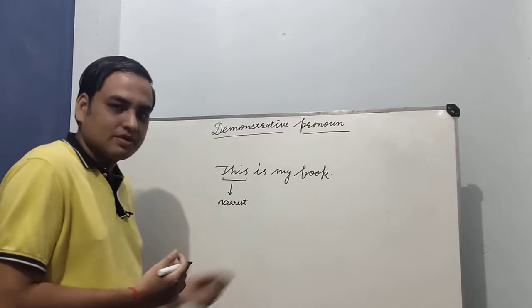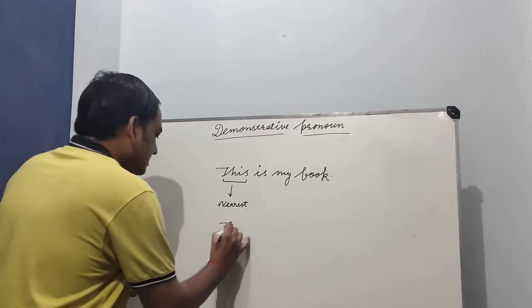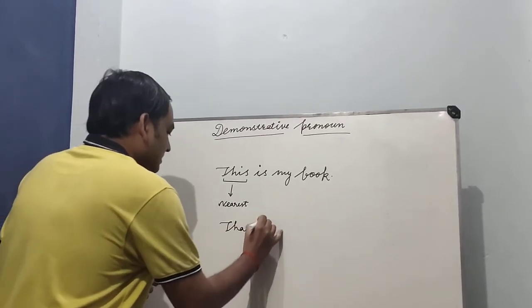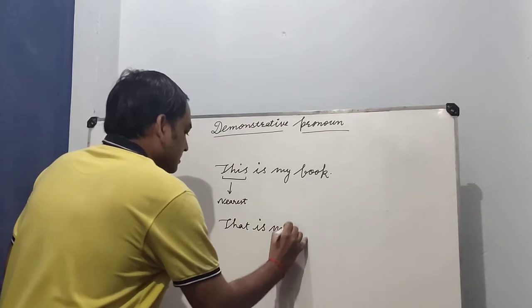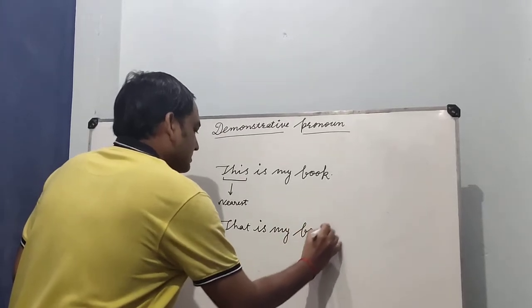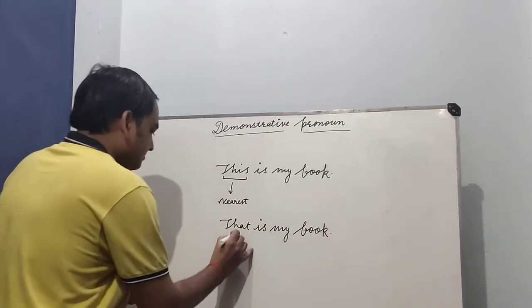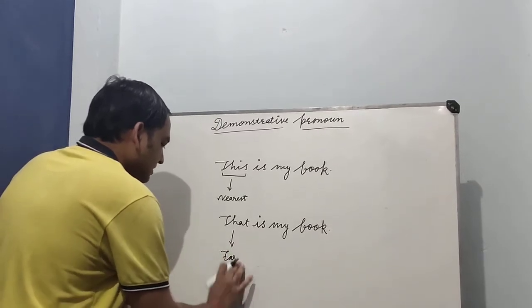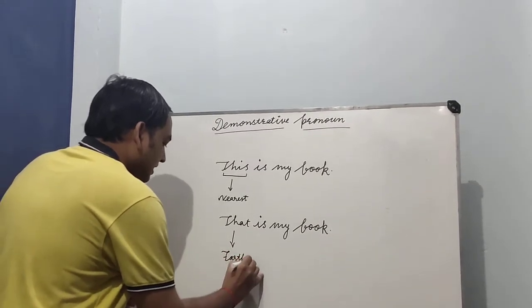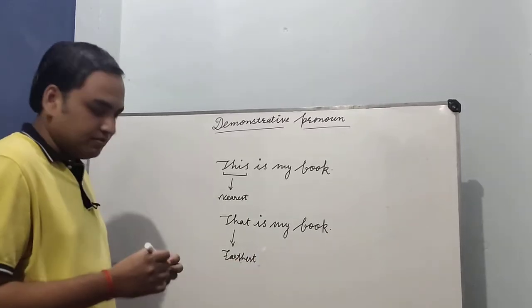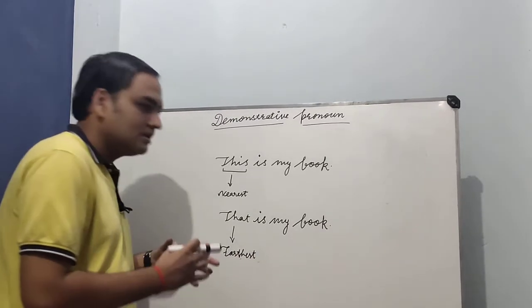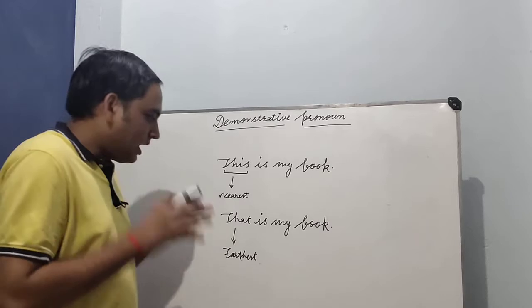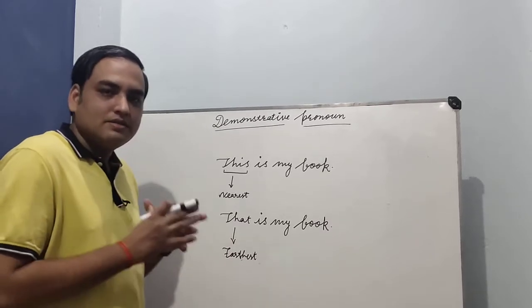This is my book. Next is: That is my book. It means that we are using that to represent a book which lies at the farthest position.